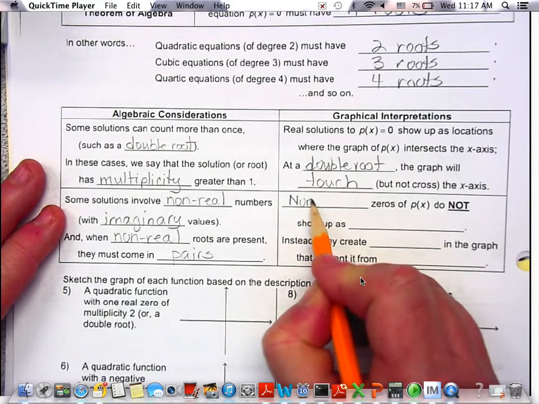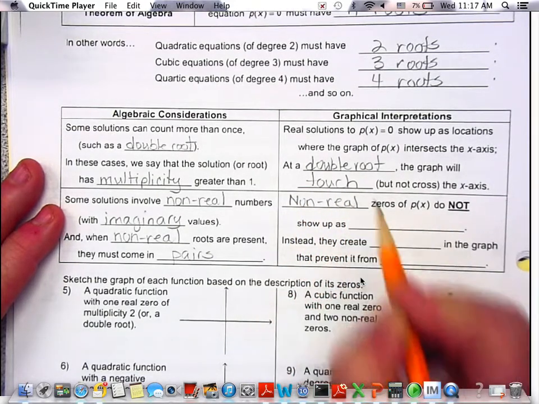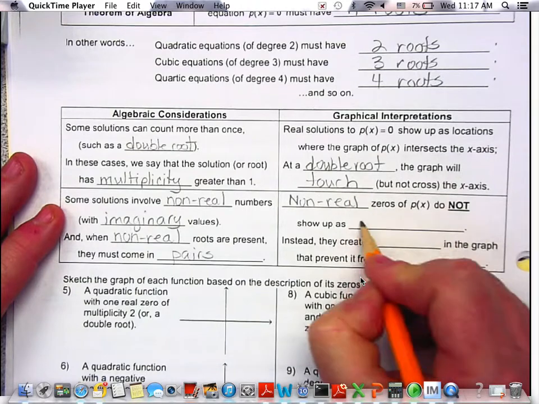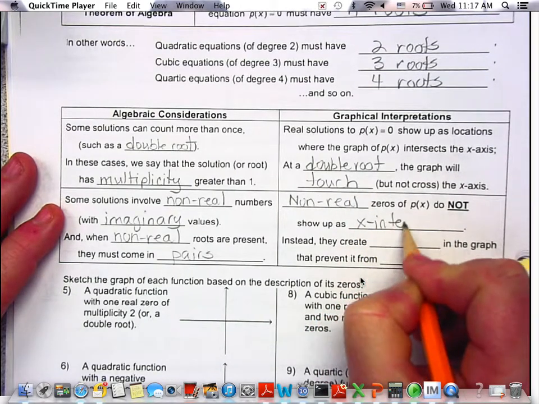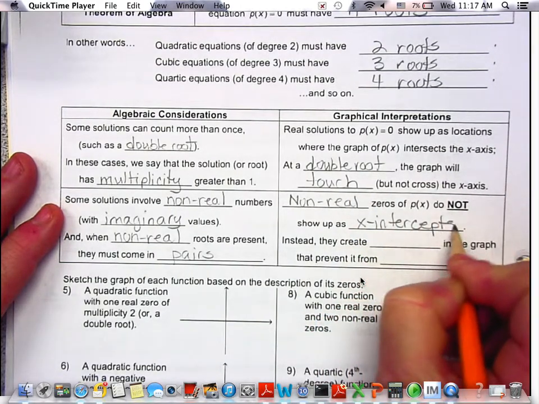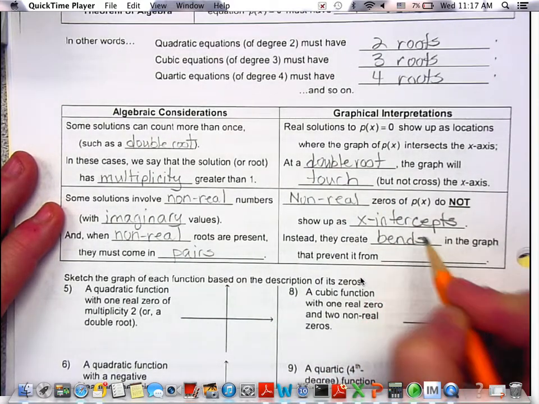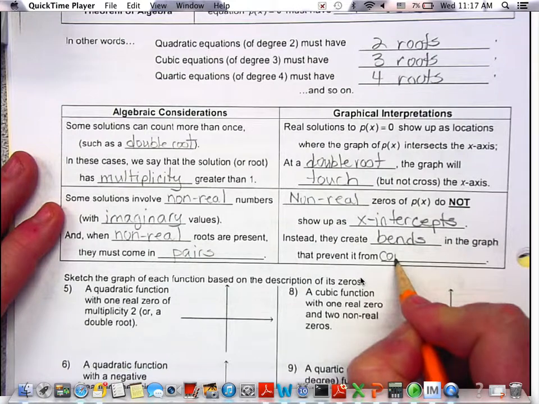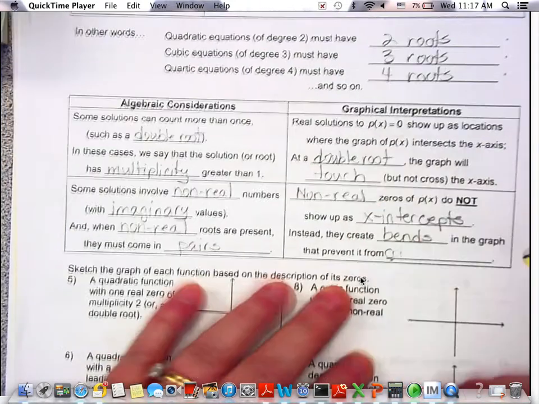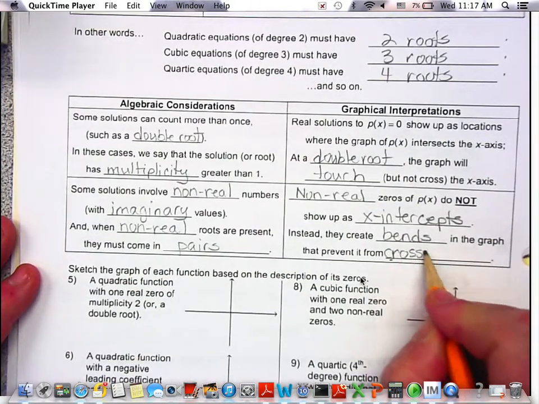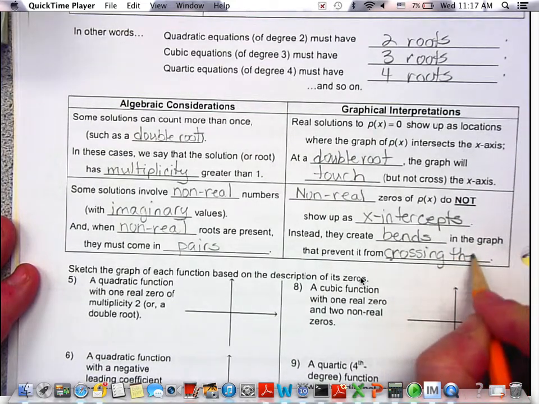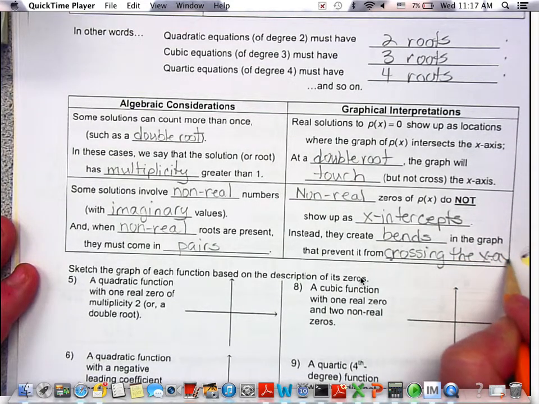Non-real zeros of p of x do not show up as x-intercepts. Instead, they create bends in the graph that prevent it from crossing the x-axis. Just like that last one we did.